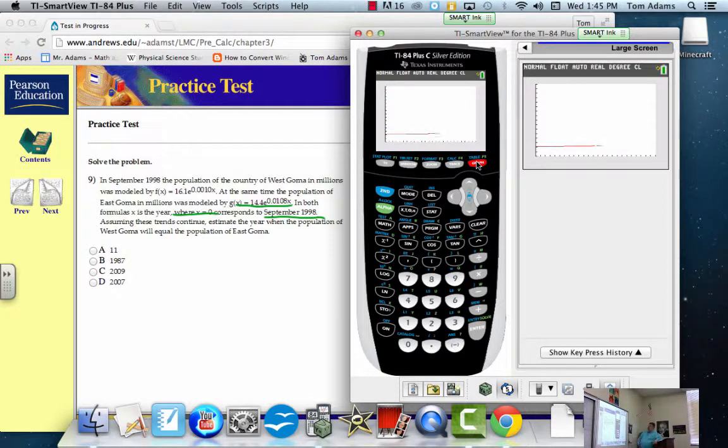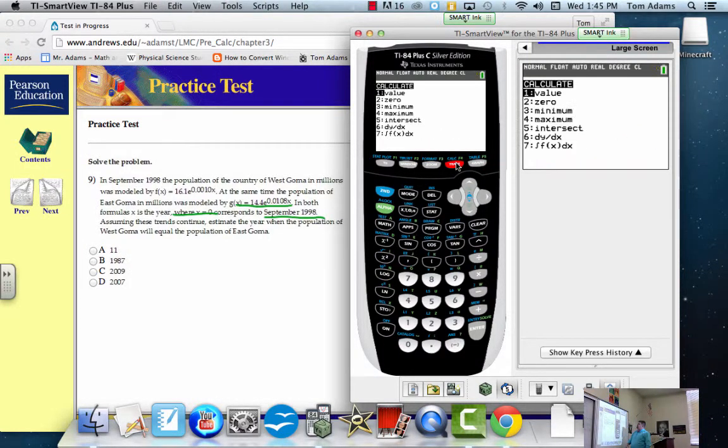So there's one graph. And then here comes the other one. Remember, one graph represents the population growth of East Goma, and the other graph represents the population growth of West Goma. And we just want to see when they're the same, which is the intersection.